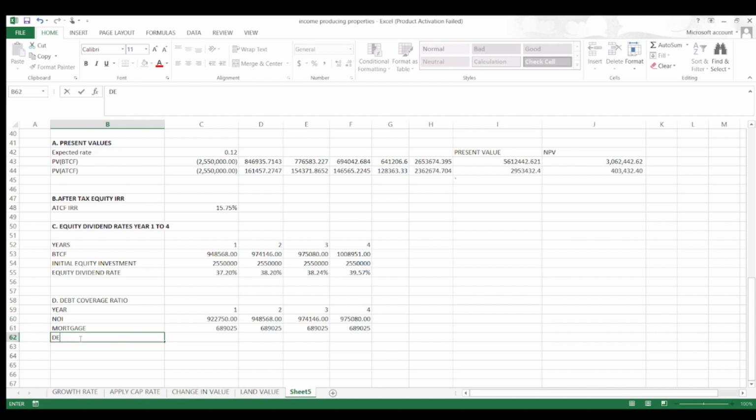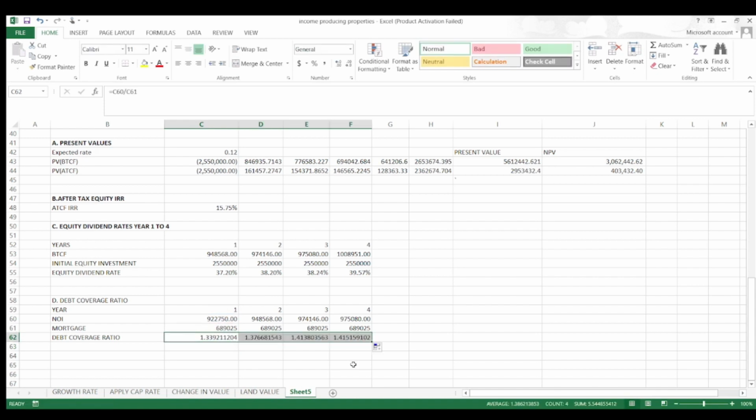So for the debt coverage ratio, we will take the net operating income divided by mortgage, and that's our debt coverage ratio for each year from year 1 to year 4.